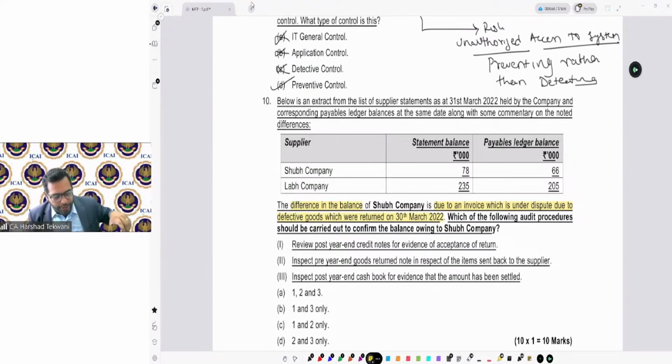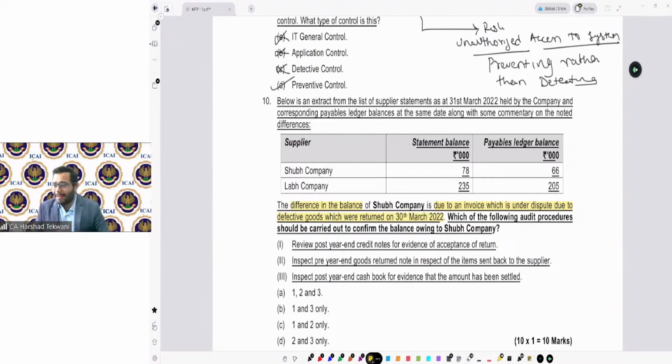What are the procedures that you will perform to verify the difference in the balance? If you need to verify the difference in the balance, which procedures will you perform?